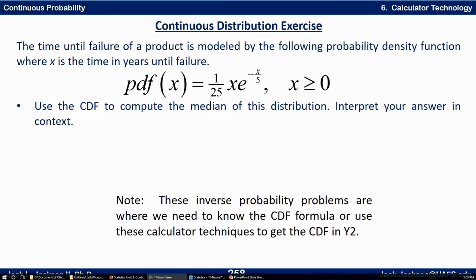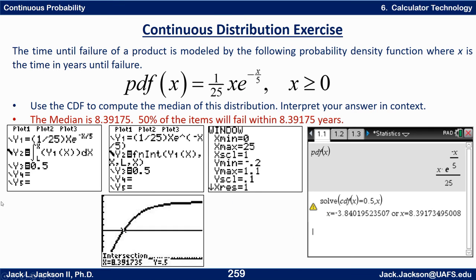Okay, so to do this and other similar probabilities on a TI-84, remember you have to have the CDF graph, which we have to get from the PDF this way, at least approximately, and graph the cumulative probability to the left, do a calc intersect, and we got it. On the Inspire, you can actually just say solve CDF of x equals 0.5 for x, and just be sure if it gives you an answer that doesn't make sense in your domain, throw it out and use the other one.